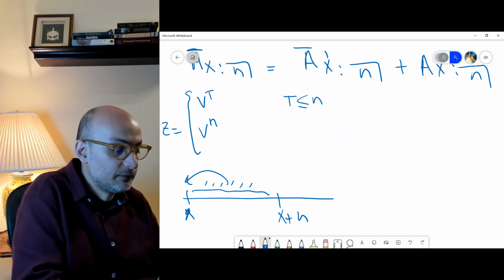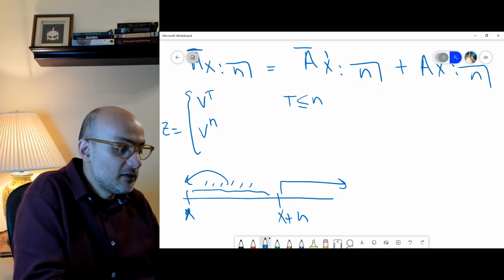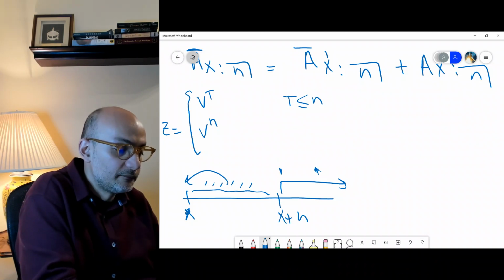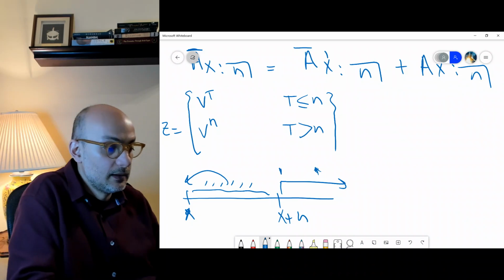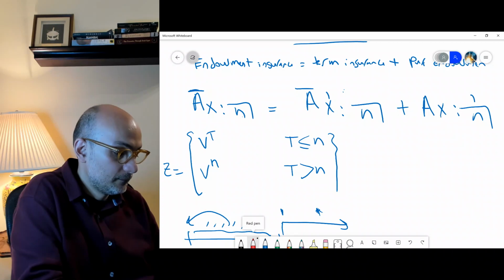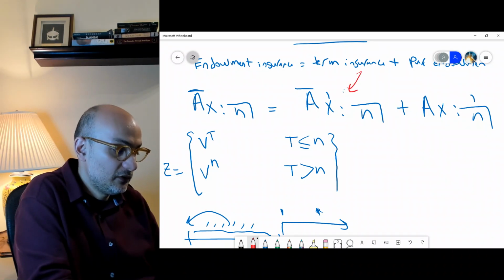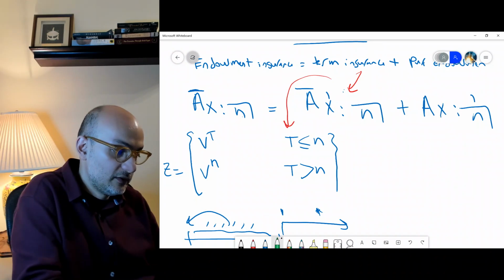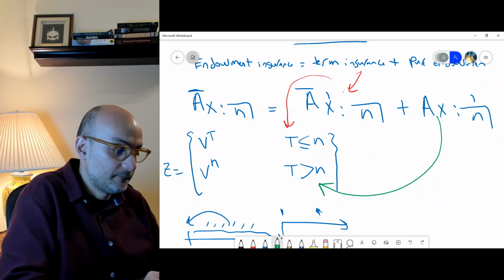But if death happens after n, then as long as you survive, you have $1, and you discount it back, v^n, if T is greater than n.